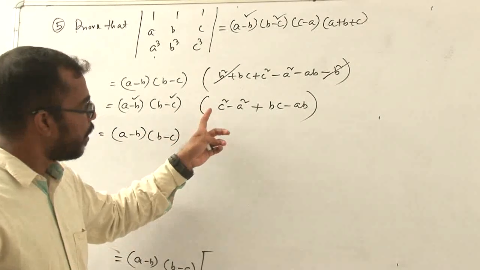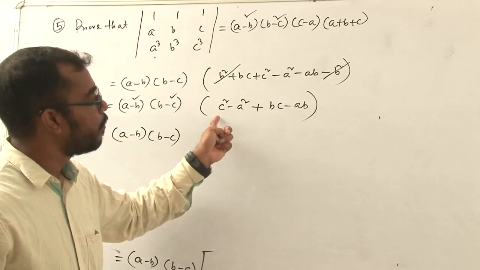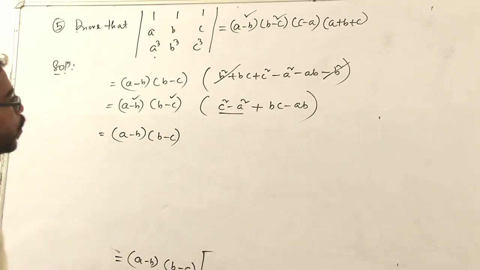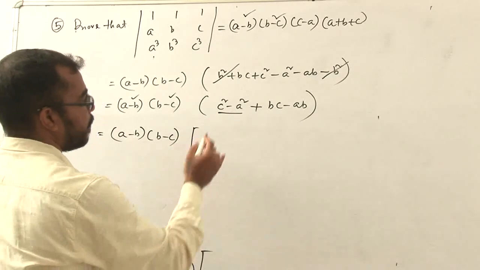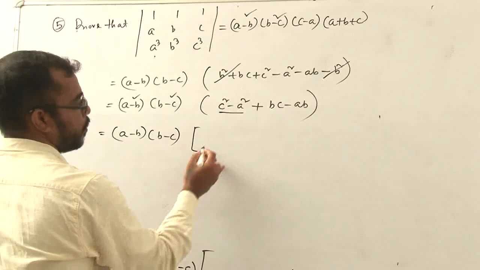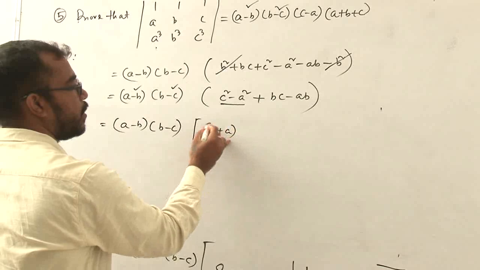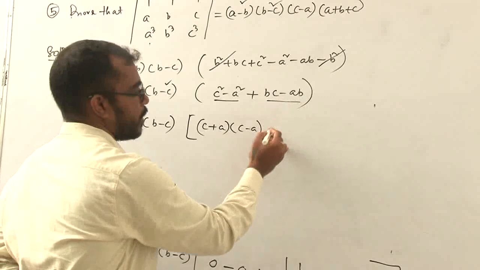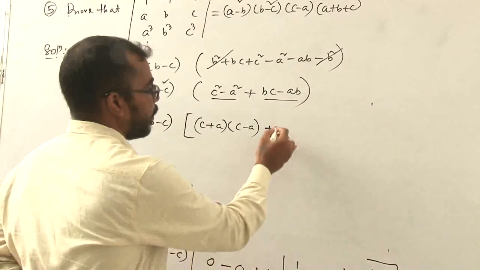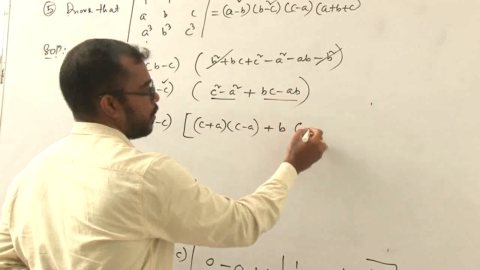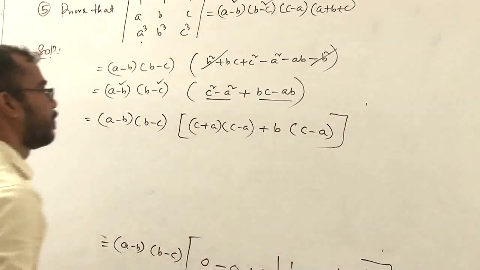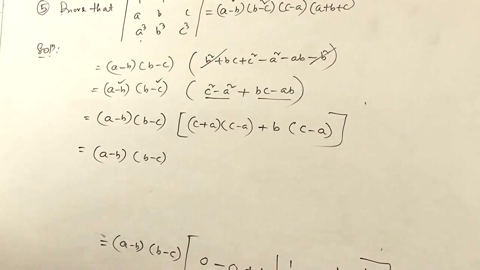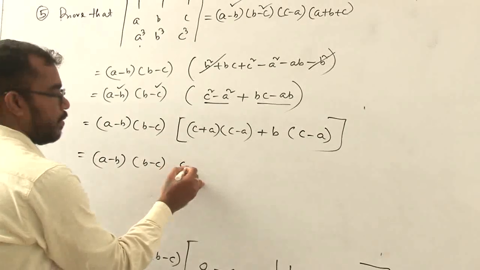As you see, this bracket has 4 terms. So we apply the formula on the first 2 terms, that means we can apply the a squared minus b squared form. So we can write C plus A into C minus A. And in the last 2 terms, taking common B, we get C minus A. So here A minus B into B minus C, and in this expression we take common C minus A only.